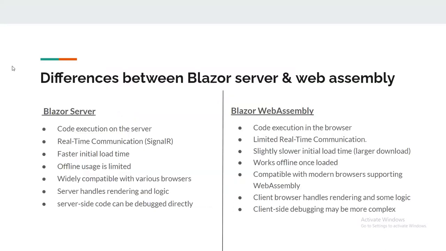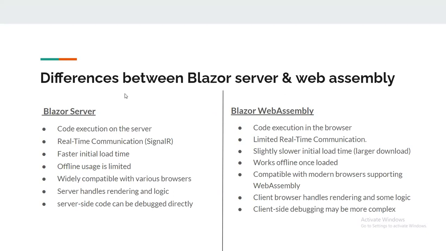This is the basic difference between Blazor Server and WebAssembly. In Blazor Server, the execution of code is on the server, but in Blazor WebAssembly, the code execution is in the browser itself.